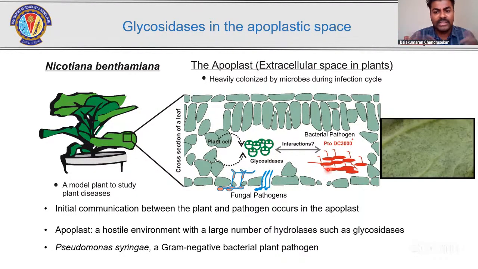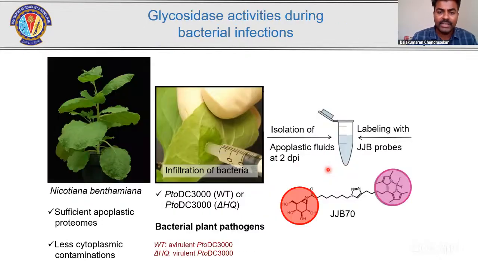During infection with Pseudomonas syringae, we used Nicotiana benthamiana as the model plant. Nicotiana benthamiana can be infected by Pseudomonas syringae pathovar, and it causes the classical bacterial speck disease.